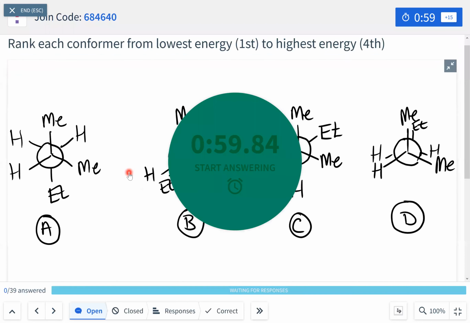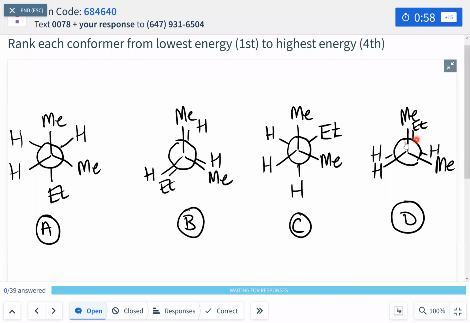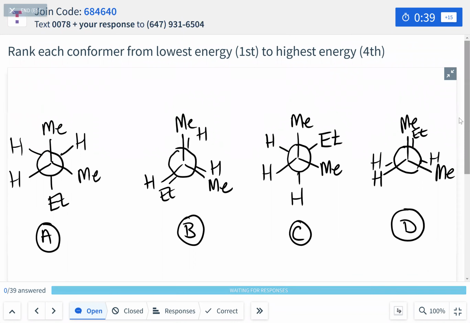I've got four conformations of the same molecule, and we're ranking them from lowest energy to highest energy. First will be the lowest energy, and highest will be fourth, I guess.